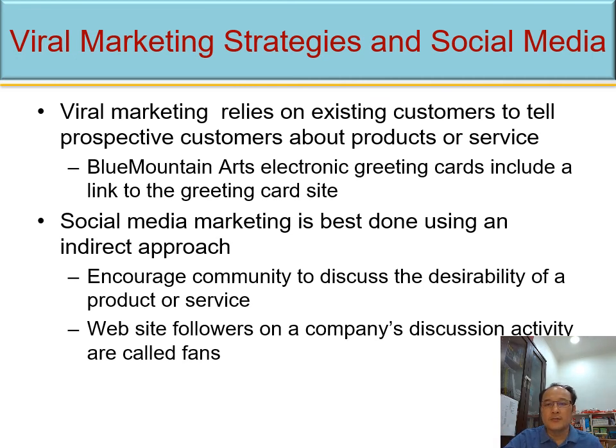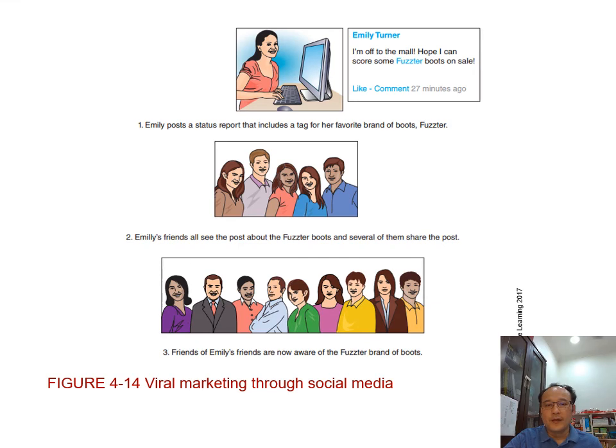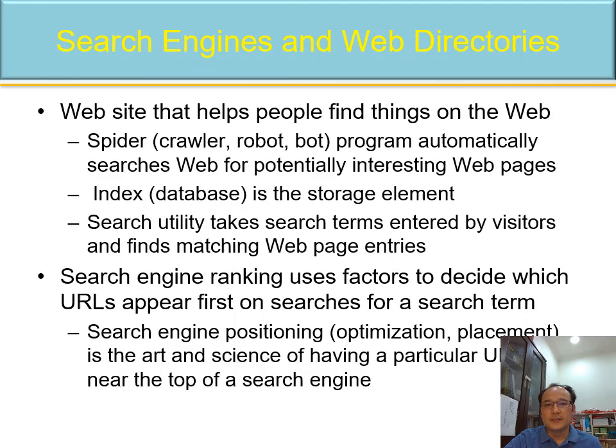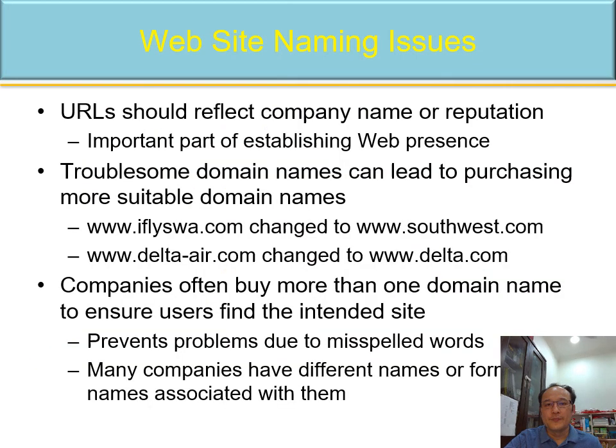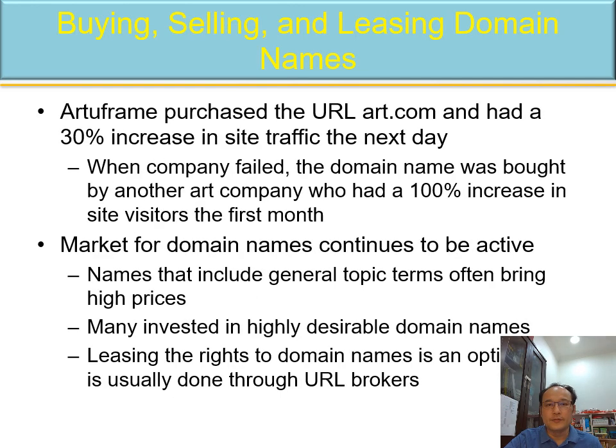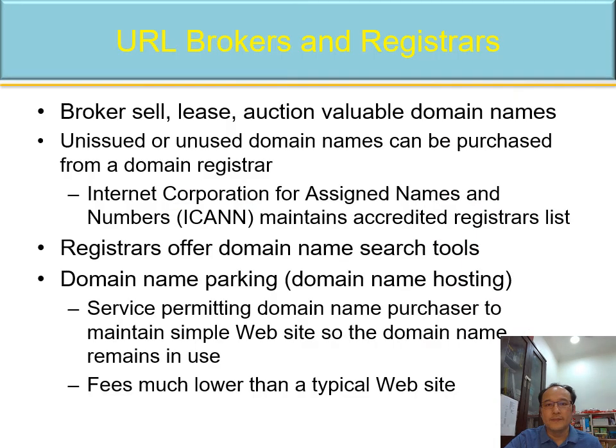That is how you put together what is called community. Encourage the community to come together to discuss something they think is good. And then search engine promotion, and some other information. The last is the naming issue. So try to understand it as well.